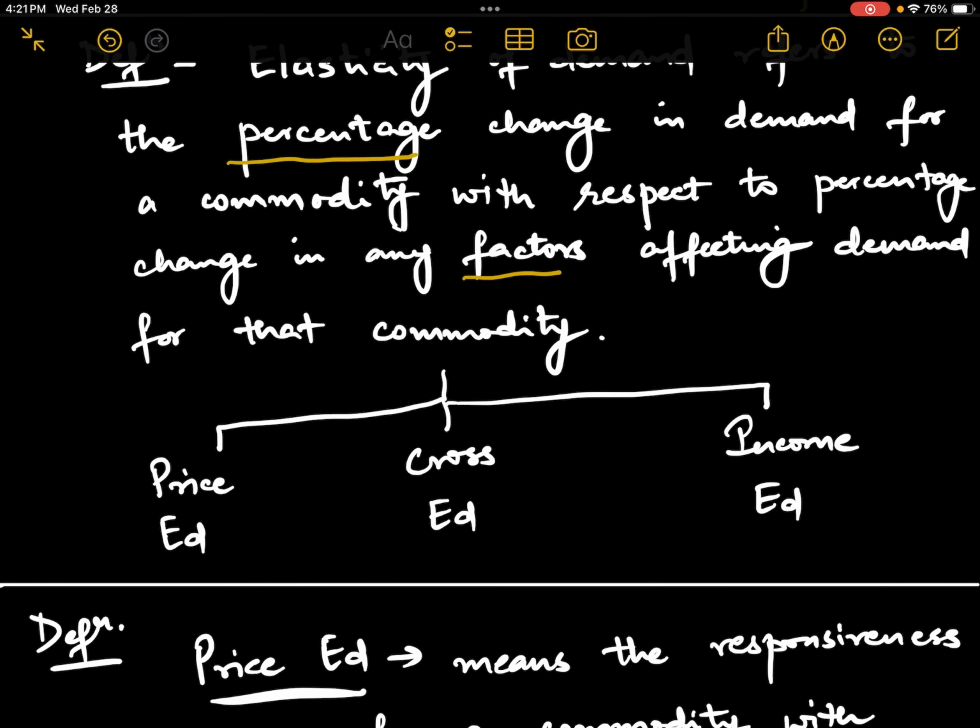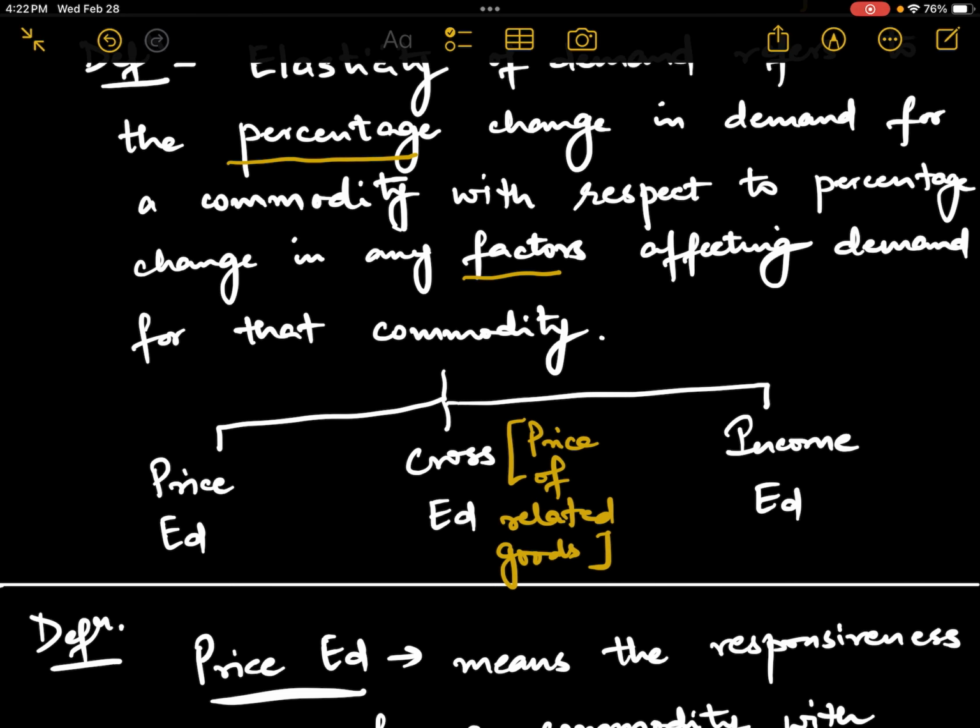You have three types: price elasticity of demand, where we look at how much change in quantity demanded happens due to change in price. Cross elasticity of demand is when we are looking at the price of related goods, so you have complements and substitutes. When we are looking at how much change in the price of a related good will affect the demand for the good in question, then we are talking about cross elasticity of demand.